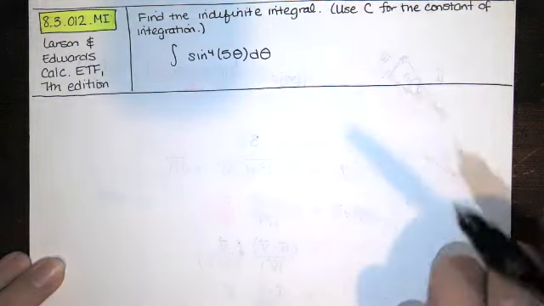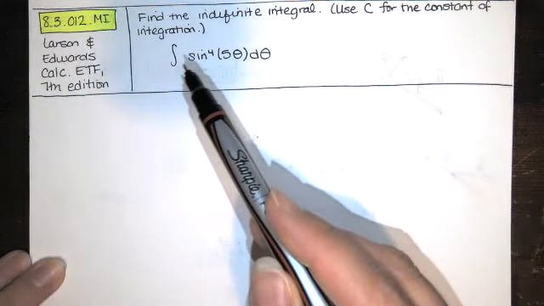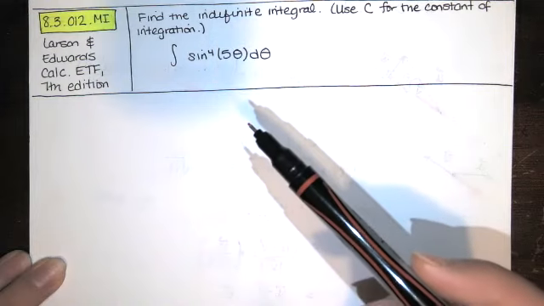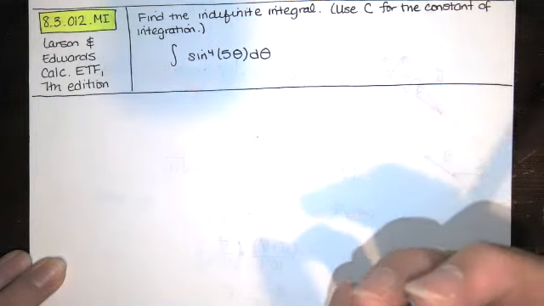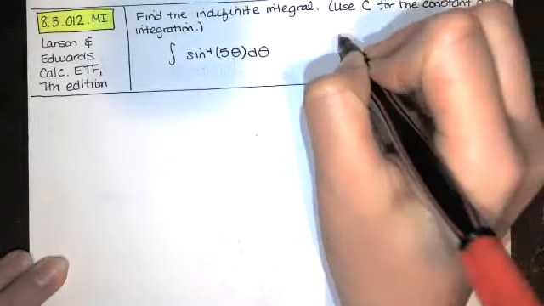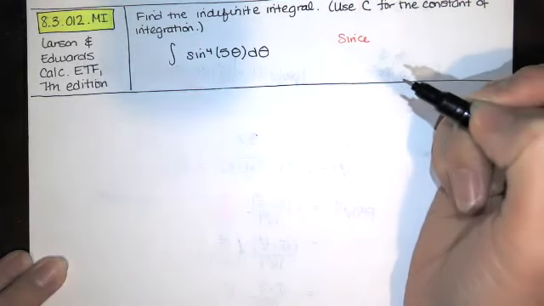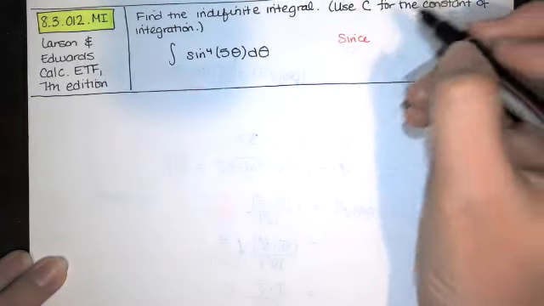Then we are instructed to use our power reducing formulas, because our power reducing formulas will allow us to write this integrand in terms of other functions that we have basic rules for. So according to the guidelines, we're going to use the power reducing formula for sine of 5 theta.